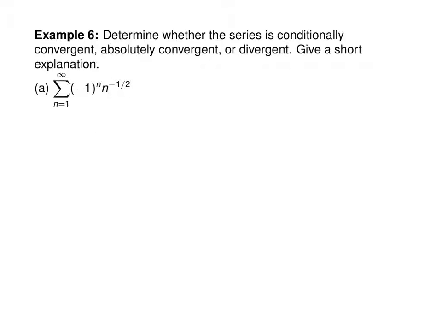Now determine whether these series are conditionally convergent or absolutely convergent or just plain old divergent. Give a short explanation. So this officially is the sum from n equals 1 to infinity of negative 1 to the n over root n. This thing converges by the AST. It would be very easy to show.